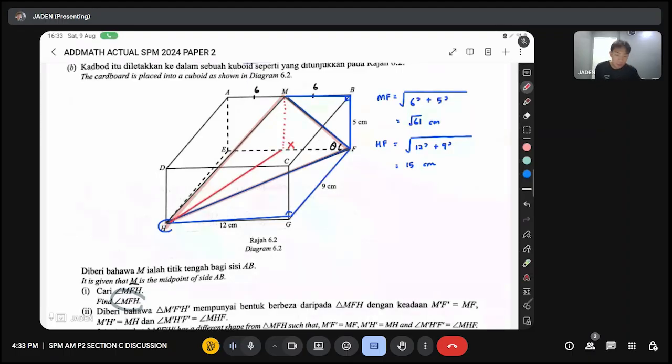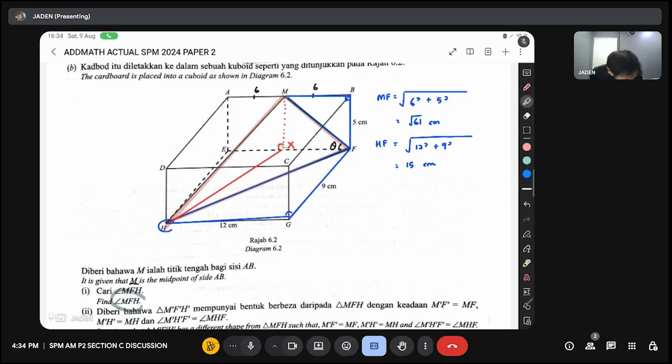Now imagine there is a right angle triangle here in between MXH. All right, this is a right angle triangle, MXH. Next, I need you to focus on the one that I highlight right now in green.